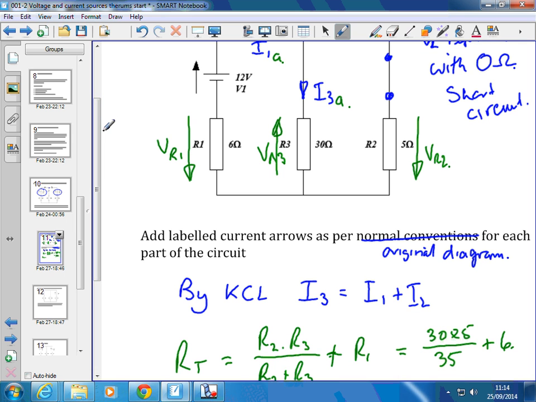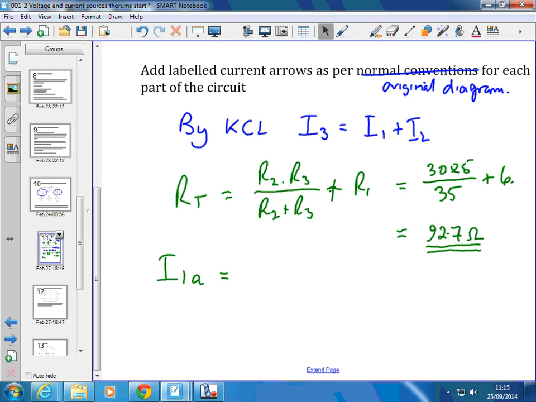I'll tell you why, right? The parallel resistance of these two must be less than 5, because it's got to be less than the smallest one. So that's less than 5. Less than 5 plus 6, no way, makes 92.7. So something's gone wrong with the calculator there.